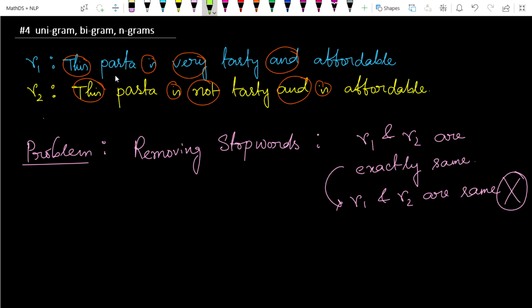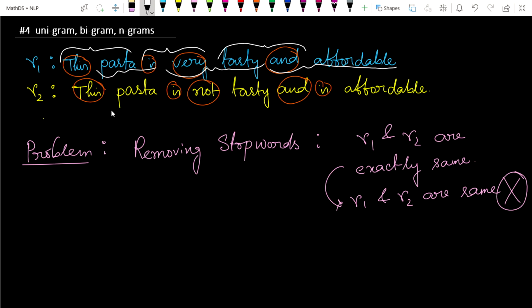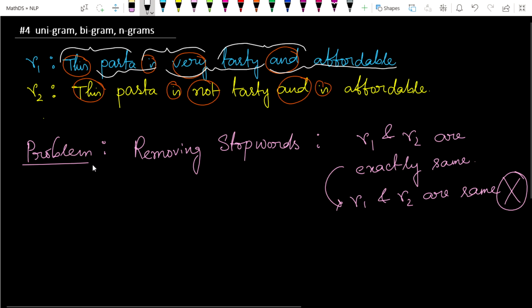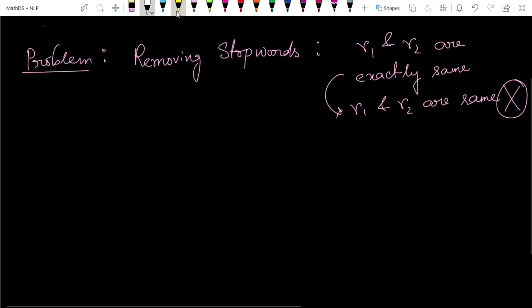Pasta is responsible for one dimension, and so is each of the other words. So instead of using single words, here we will use pairs of consecutive words, like "this pasta", "pasta is", "is very", "very tasty", and "and affordable". Each pair is responsible for one dimension, and we use pairs of consecutive words to express these reviews as a vector.